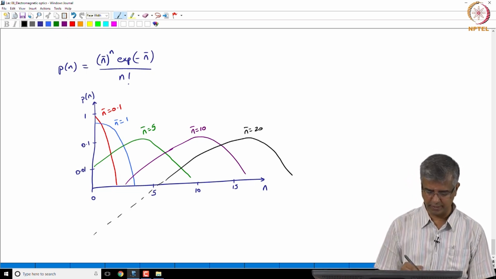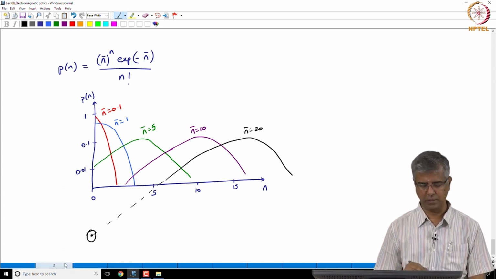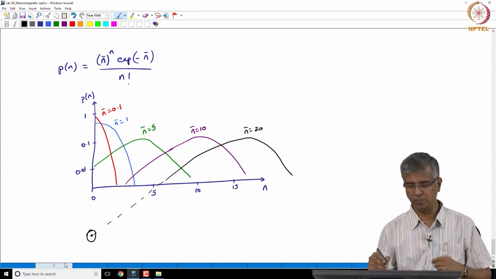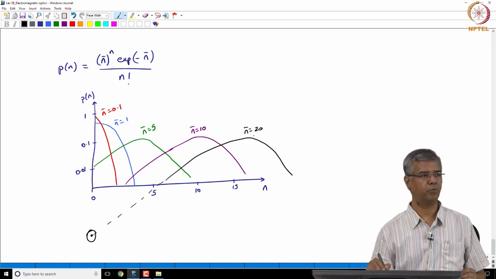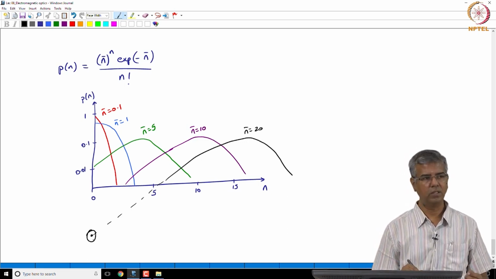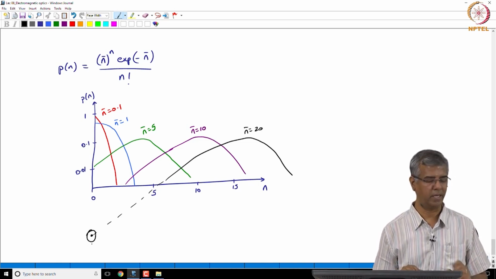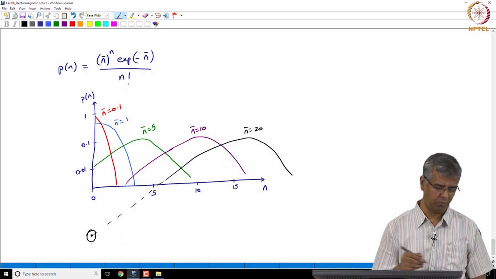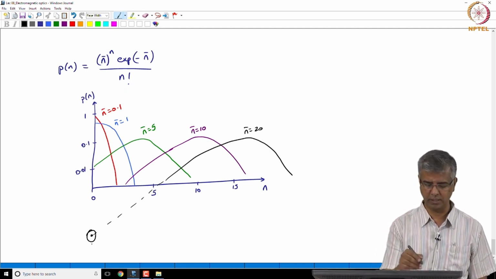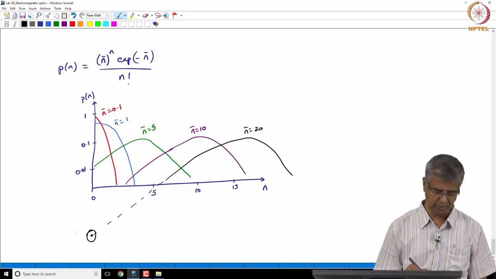So what we are actually trying to find out is this point over here. You have n bar of 20 that has been sent by the transmitter, that is the average that you have sent, but you could have a probability that 0 photons are there in that time slot. You have a finite probability. If you work out this expression over here, you will find that this probability corresponds to 2 into 10 power minus 9.